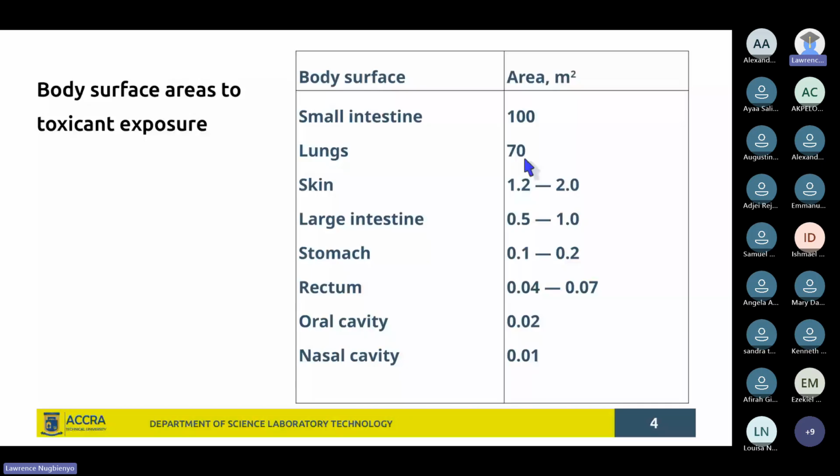And then the skin, a major part of the body that is having exposure to the external environment. But if you compare the skin to, say, the small intestine or the lungs, you see the skin is just flat.